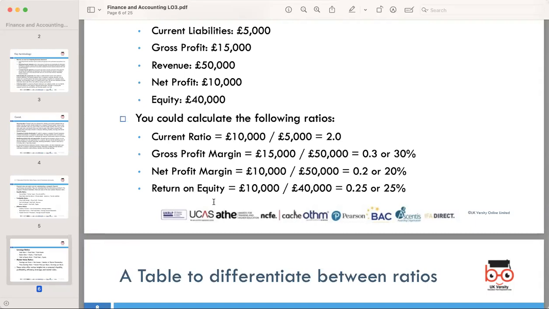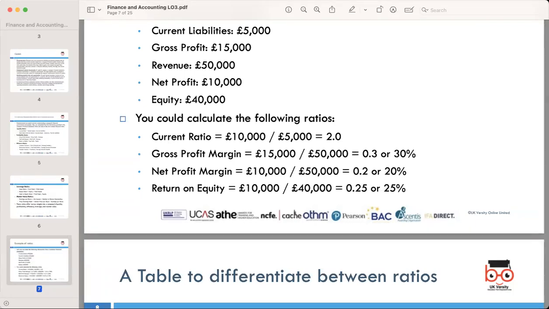So here the return on equity is 10,000 pounds divided by 40,000 pounds, which is equal to 0.25 or 25%. This means that of every £1 of equity the company generates, 20% is net profit, or 0.25.